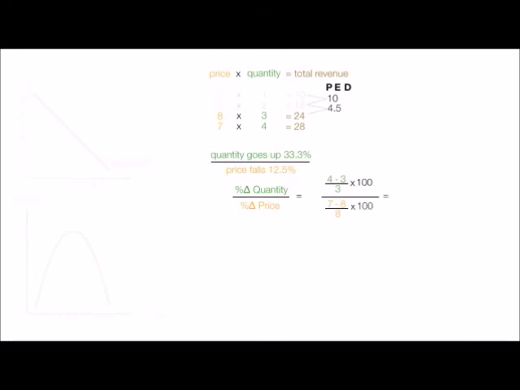This is equal to 0.33 times 100 divided by 0.125 times 100, and again, I'll drop the negative sign. This is 33% divided by 12.5%, which equates to 2.7. So price elasticity of demand is 2.7.